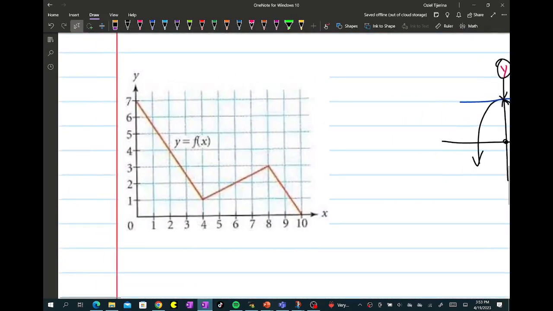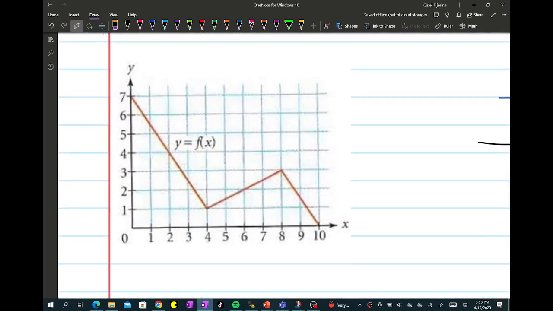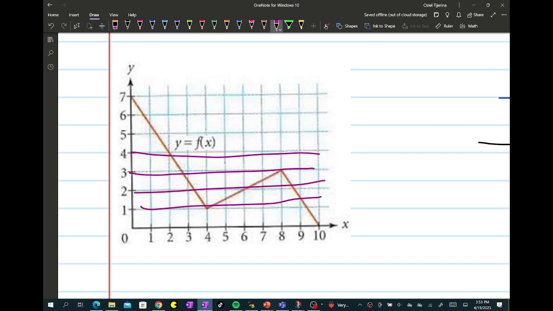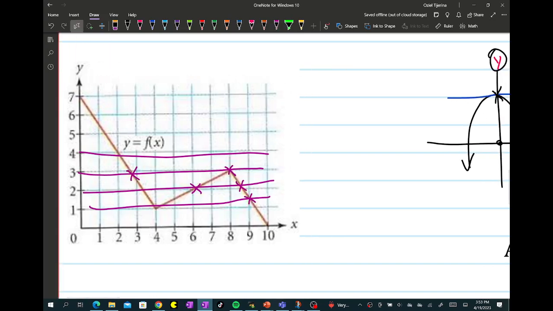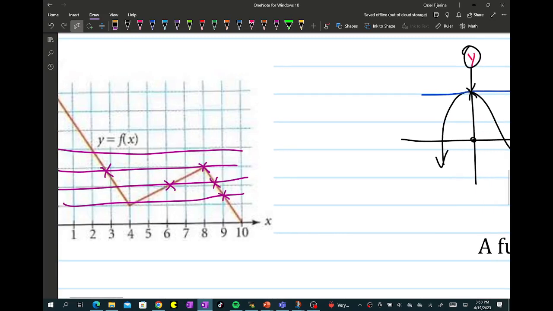Looking at this graph, if I do the horizontal line test all over, you see there are multiple parts where the graph intersects twice. In order for it to be one-to-one, every output only has one input.